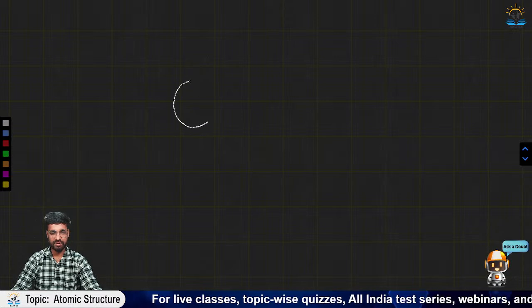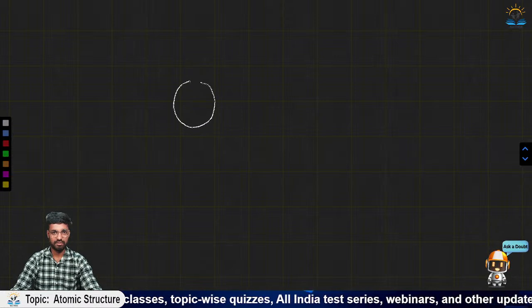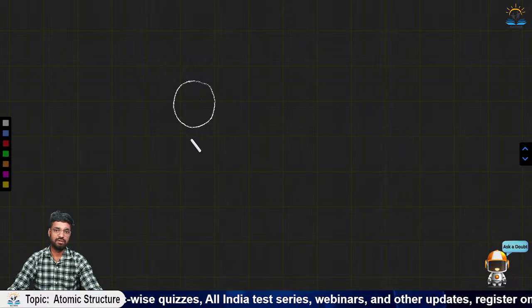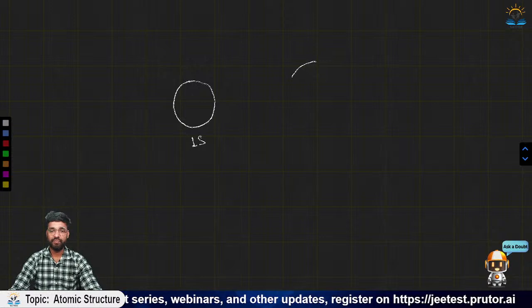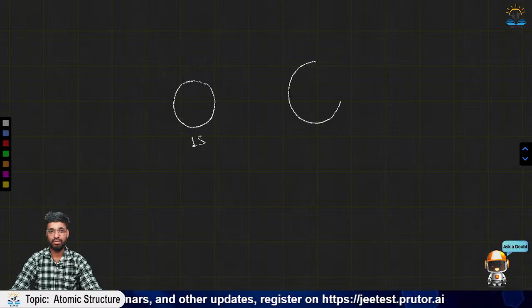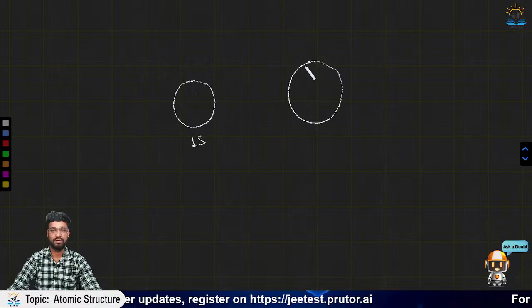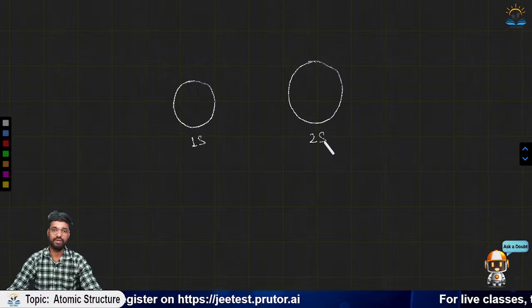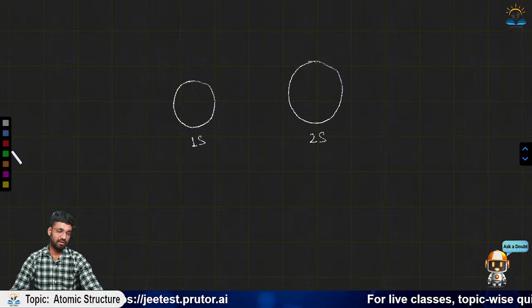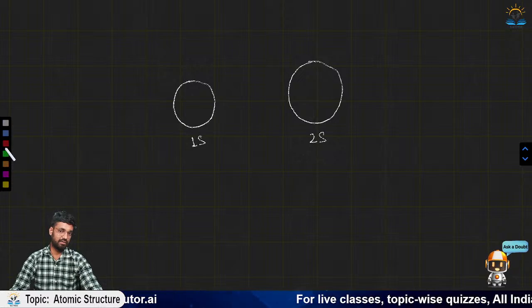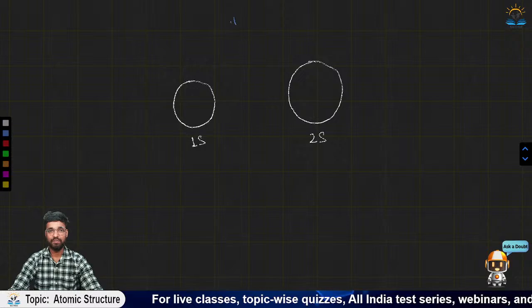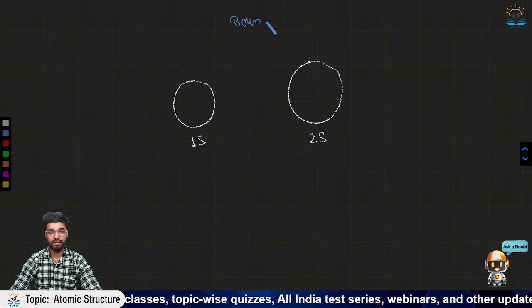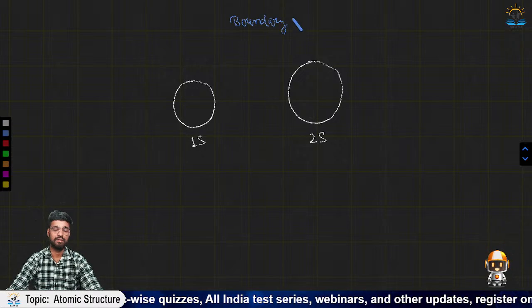So if you see an s orbital, suppose it's the 1s orbital, and if you compare it with a 2s orbital, this is the 2s orbital we have. So I'm drawing a boundary surface diagram.